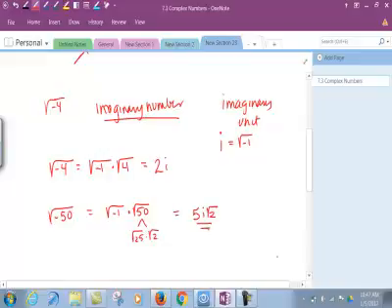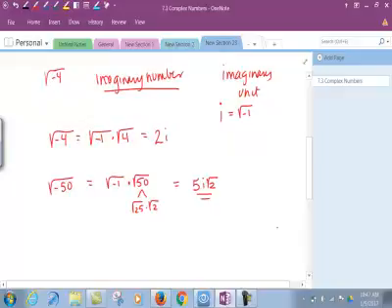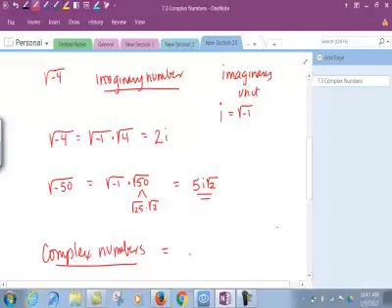All right, hopefully that makes sense, because now we're moving on to these things called complex numbers. And complex numbers are just the numbers we come up with when we put together imaginary and real numbers. So a complex number will be of the form a + bi, where a is the real part and bi is the imaginary part.